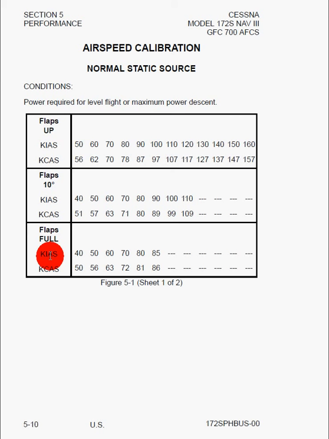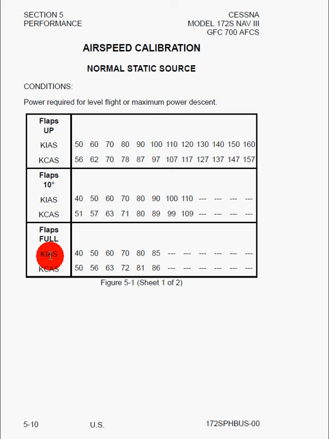But in practice, we really don't use any correction tables like this in the airplane, because particularly when you're at those low speeds, you're usually on takeoff or landing. You really don't have time to do any of these corrections.